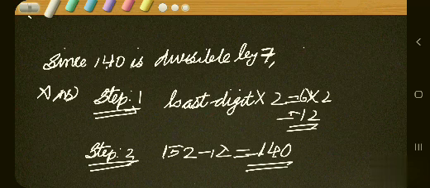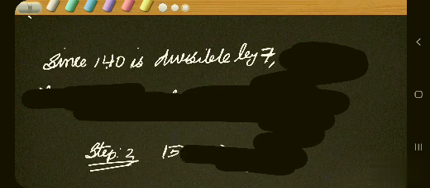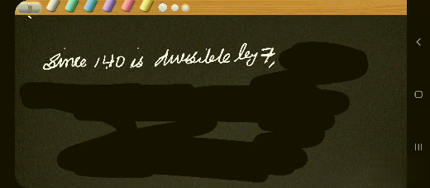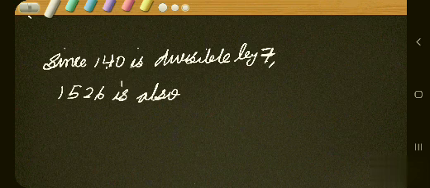1526 is also divisible by 7. Please write, okay. 1526 is also divisible by 7.